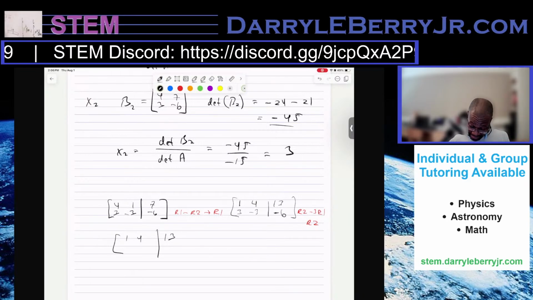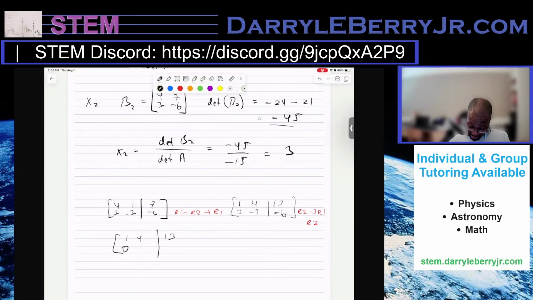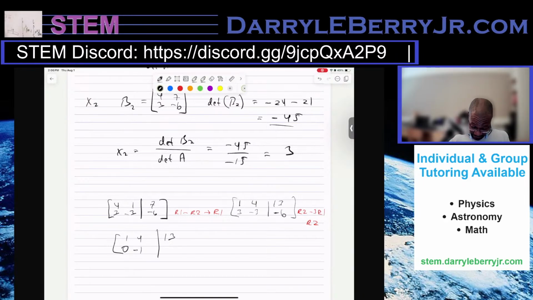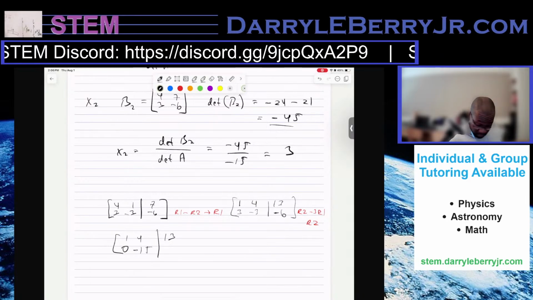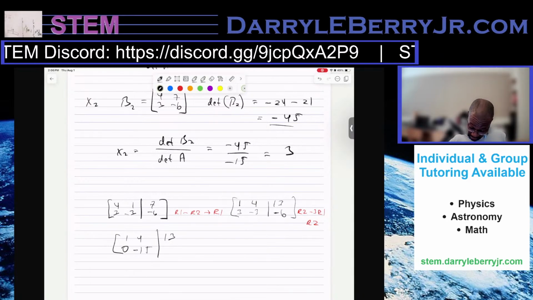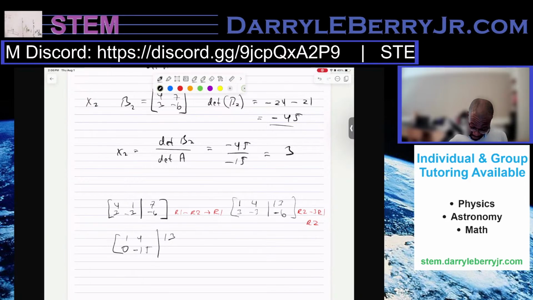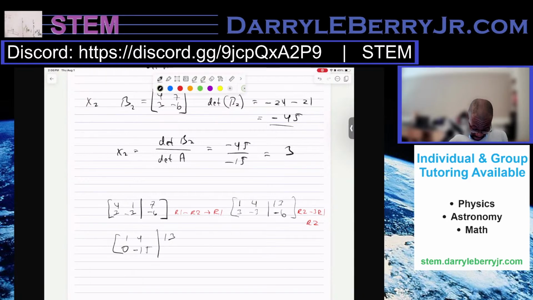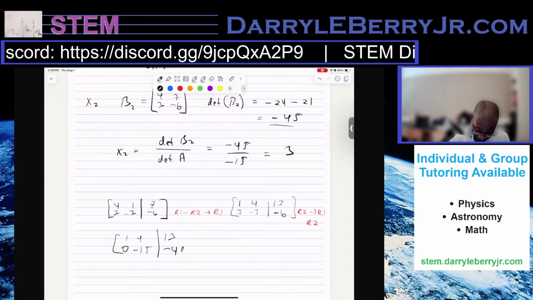So 3 minus 3 is 0. -3 minus 12 is going to be -15, and I'll use my calculator for that one. This is going to be row 2. So that's going to be -6 minus 3 times 13, so it's going to be -45.